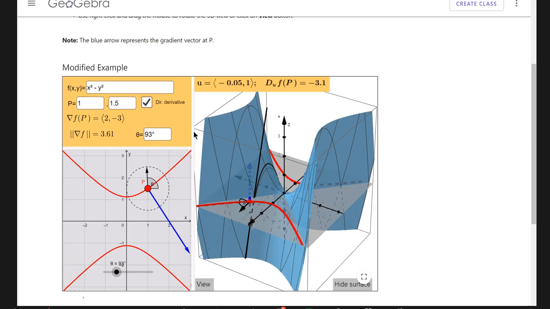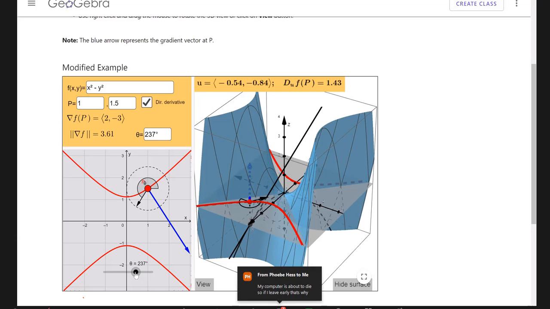Now, take a look at these values up here. This is currently at negative 3.1, and I'm going to rotate us about, picking different directions, and I want you to tell me when it gives the most positive value. When are we getting the largest value for our directional derivative, folks? I think it was near that blue line.